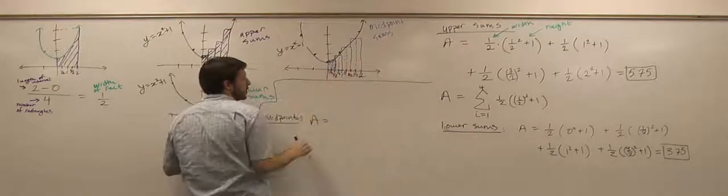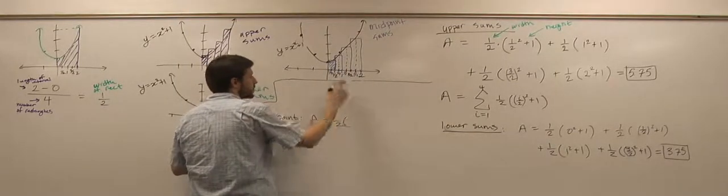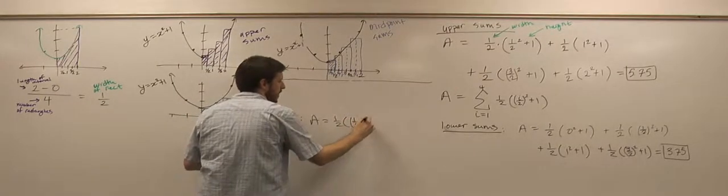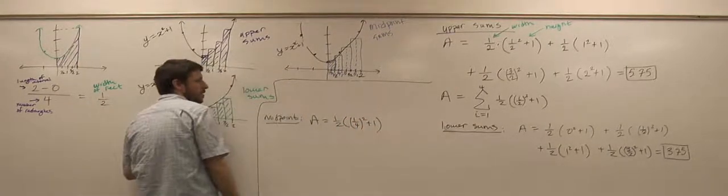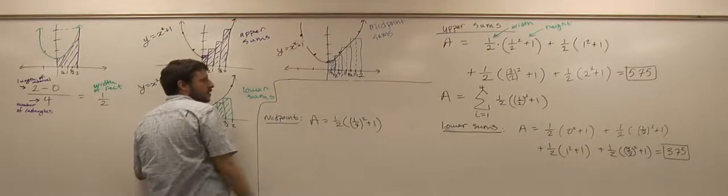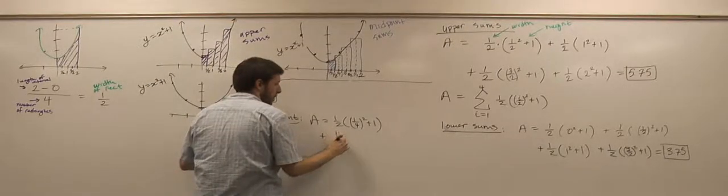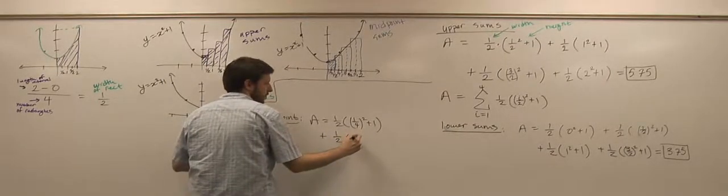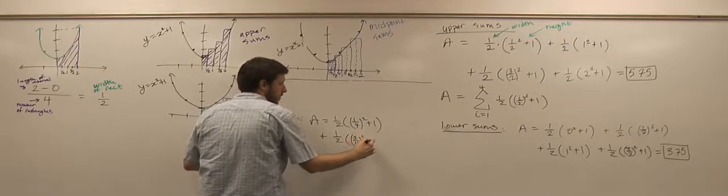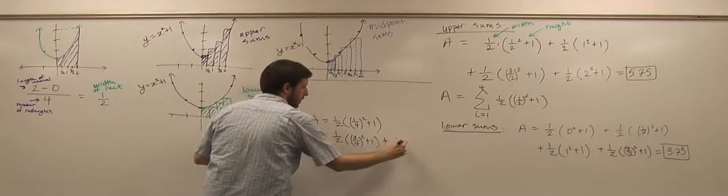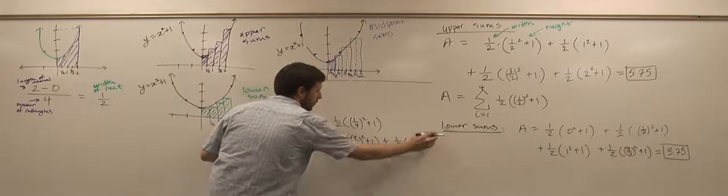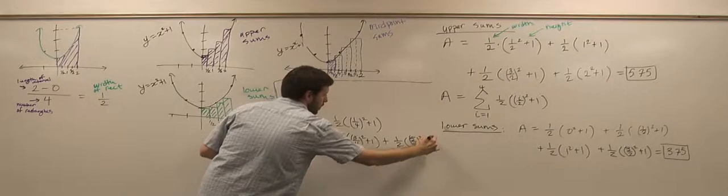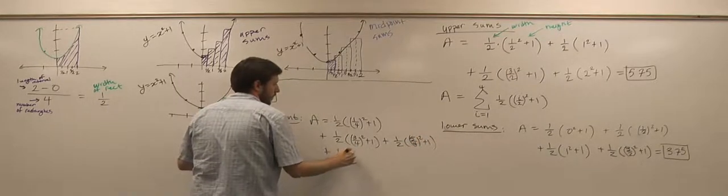What's the width of each rectangle? 1/2 still. For the first rectangle, how high do I go? 1/4 squared plus 1, because I just plug in the quarter. For the second rectangle, what do I plug in for the height? 3/4. And I plug in 5/4. I plug in 7/4.